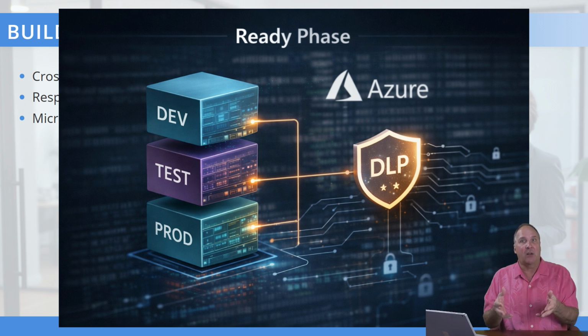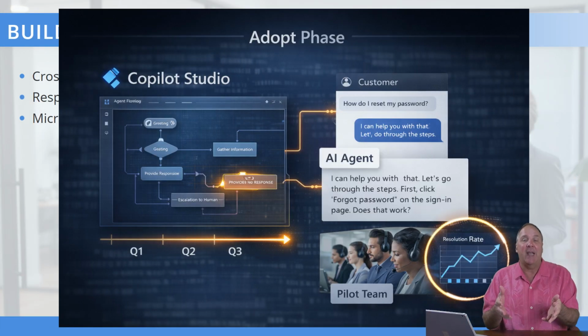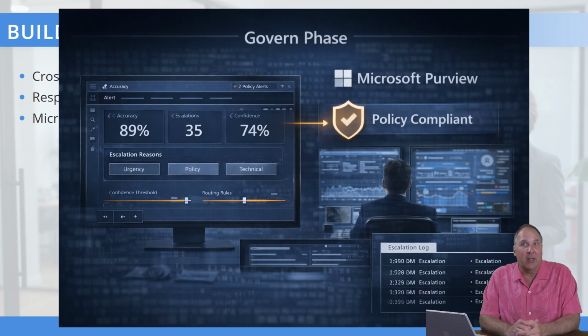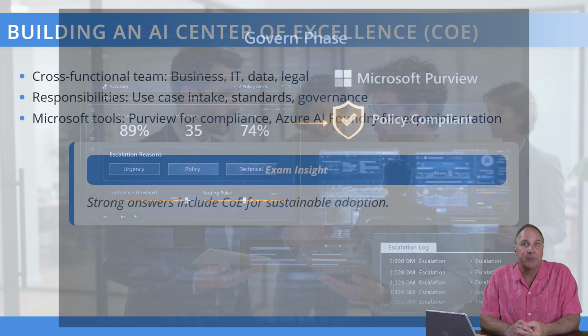You establish data loss prevention policies and create your security guidelines. The adopt phase is where you'll build the agent in Copilot Studio, run it with a small customer service team, and measure your results. The govern phase, you'll monitor with Purview. You'll track your agent accuracy, log escalations, and adjust the system.